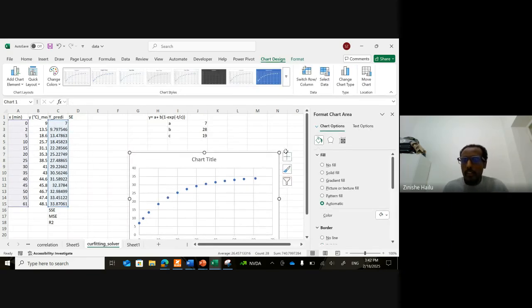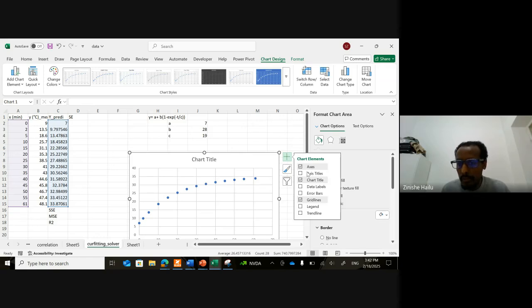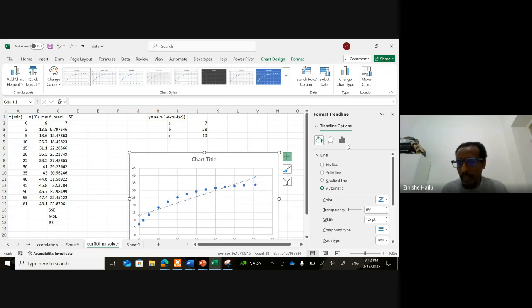So we can add a trend line to see which type of fitting model can fit this better. We add a trend similar to the previous one, go to more options, and then we have to look for the best.